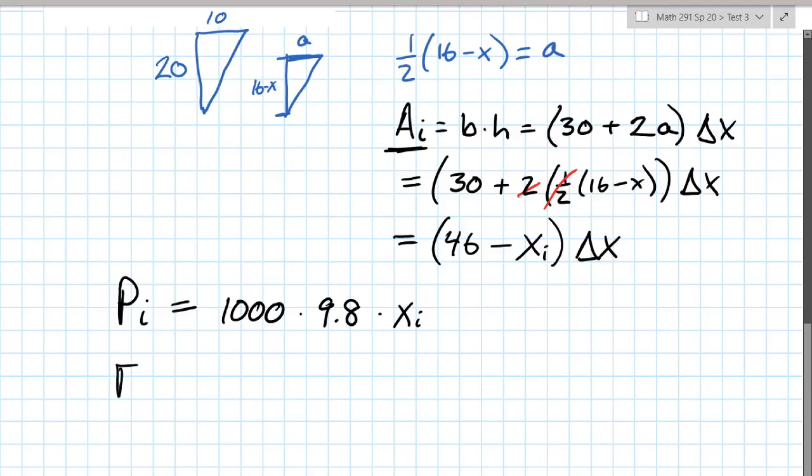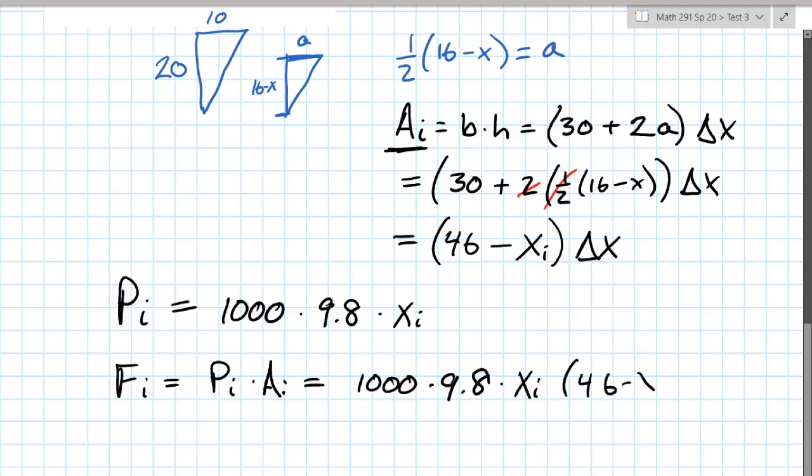So the force of the water on that ith strip is going to be the pressure times the area, which is 1,000 times 9.8 times x sub i times 46 minus x sub i times delta x.